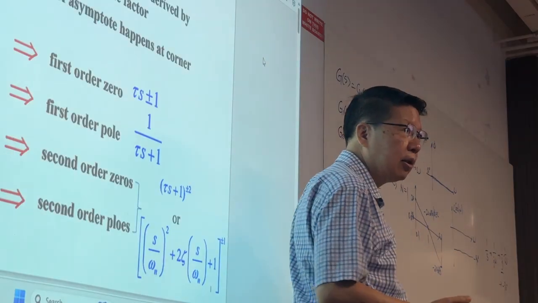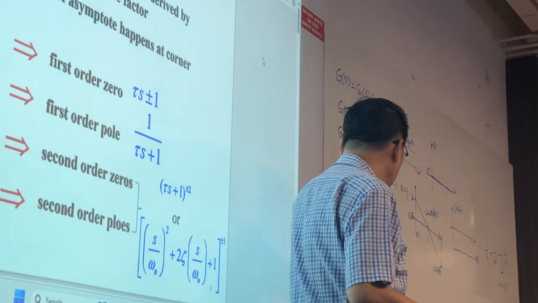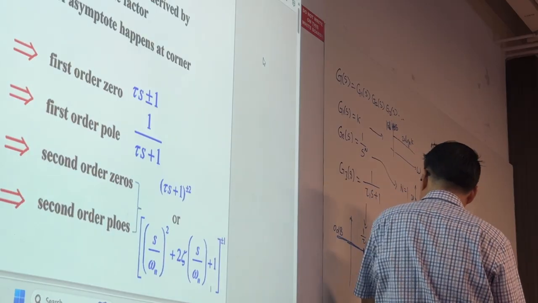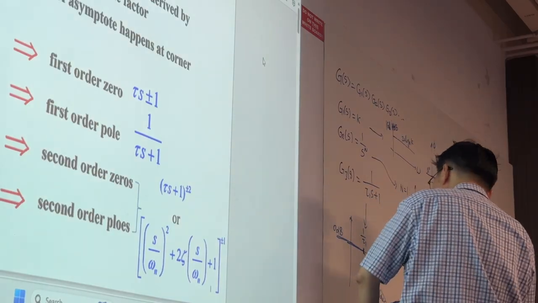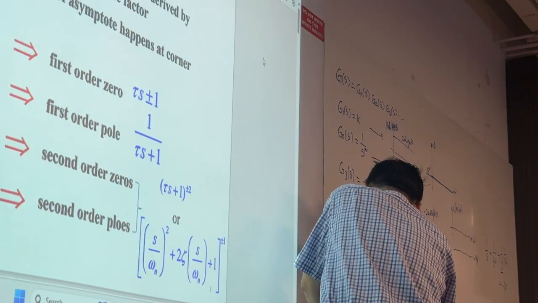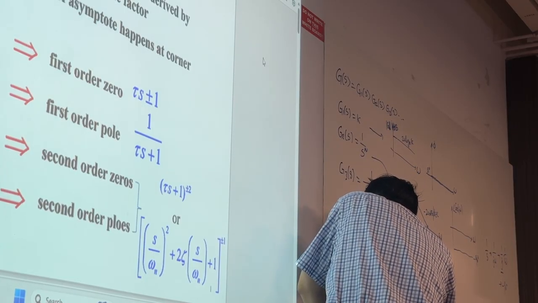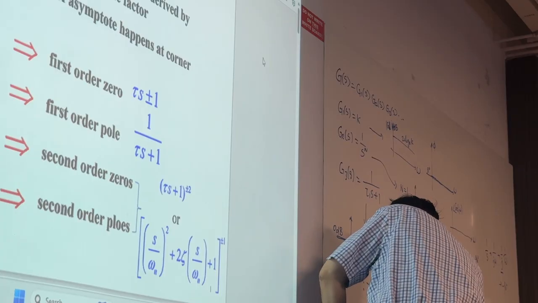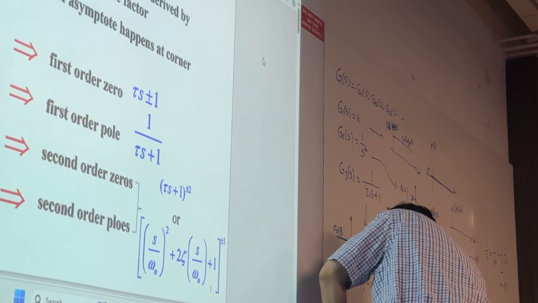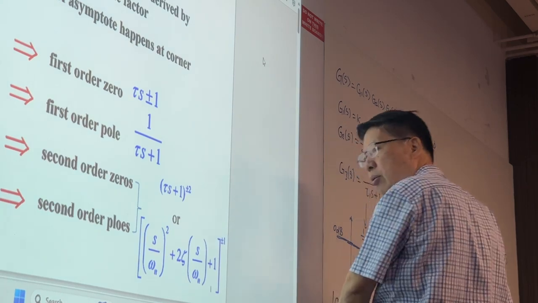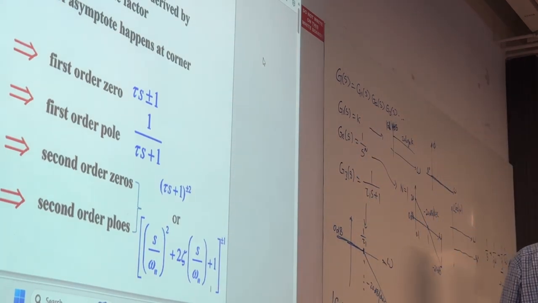It goes down like this. This can be proven. If you look at the magnitude of this, with s equal to j omega, it is 1 over the square root of 1 plus omega squared tau squared. I forgot about the tau 1.